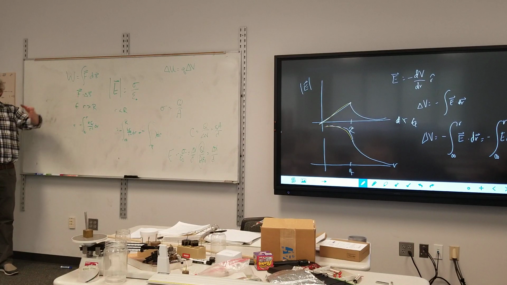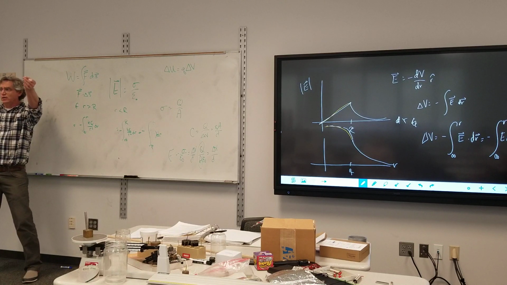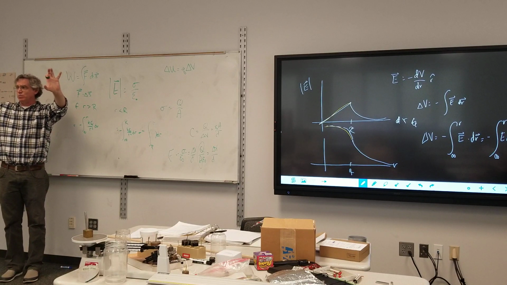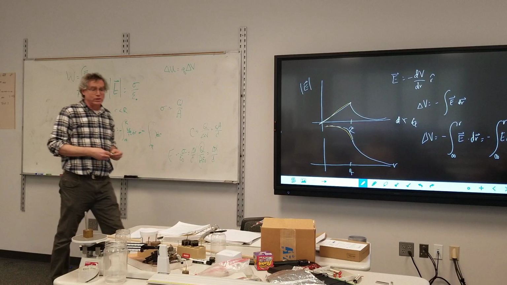Dot products are positive if there's some part in the direction of movement. So again, we have this particle starting an infinite distance away and I want it here. Because it's positively charged and this is positively charged, they're going to repel. So I need to push it in that direction. I need to do work to get it there. So the work done would be positive.